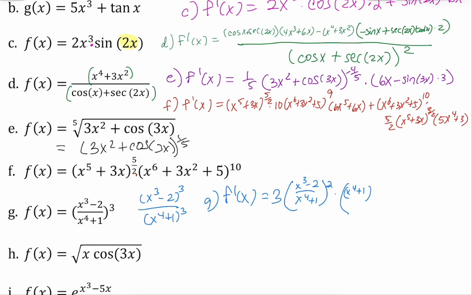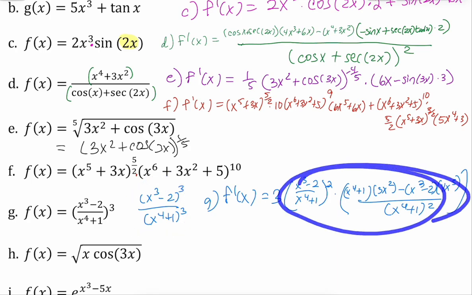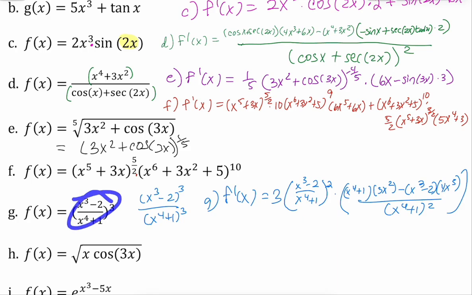Bottom times the derivative of the top minus top times the derivative of the bottom all over the bottom squared. Now, you can do it either way. If you did the quotient rule like I did, or power quotient, that's fine. I don't care. You might look at it and see one thing, and I might see something else.